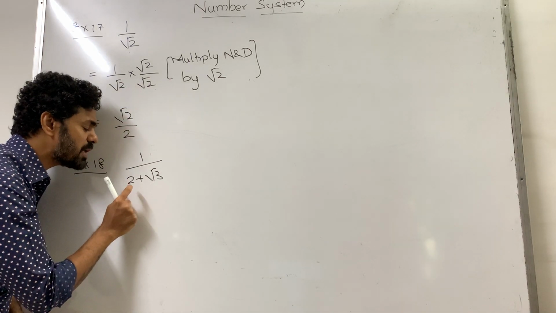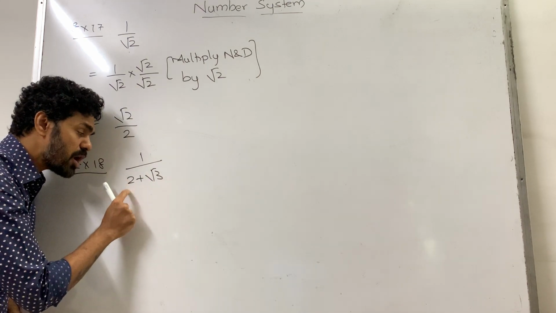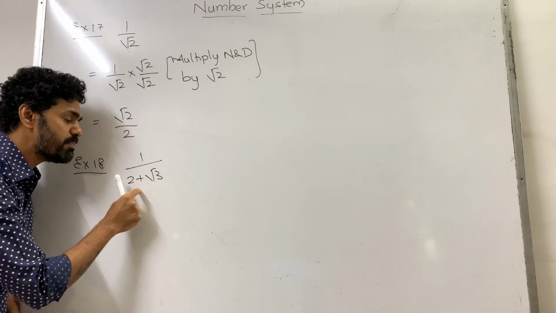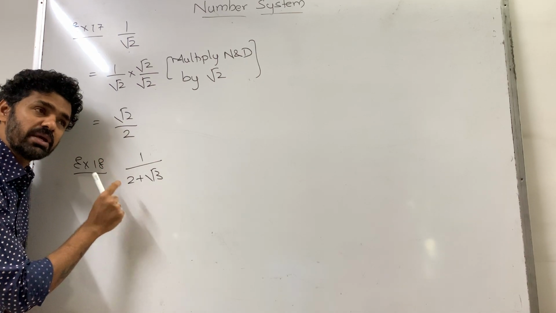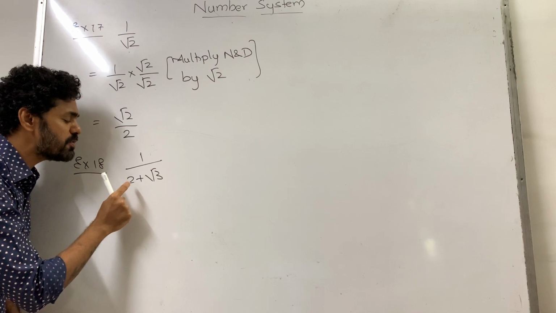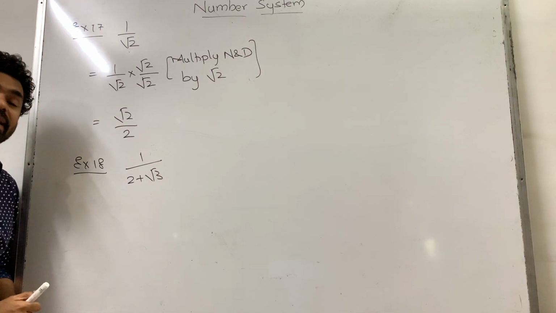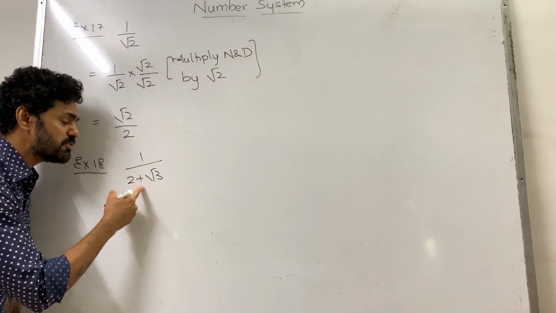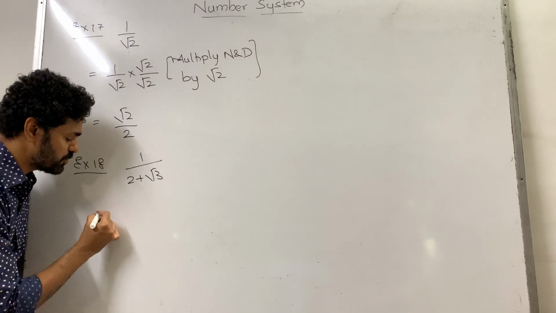But here, if the denominator is of the form a plus b and you want to make the denominator rational, keep in mind, if they have given a number in the form of a plus b, you will multiply a minus b. That is, if they have given 2 plus root 3, you are going to multiply it with 2 minus root 3.